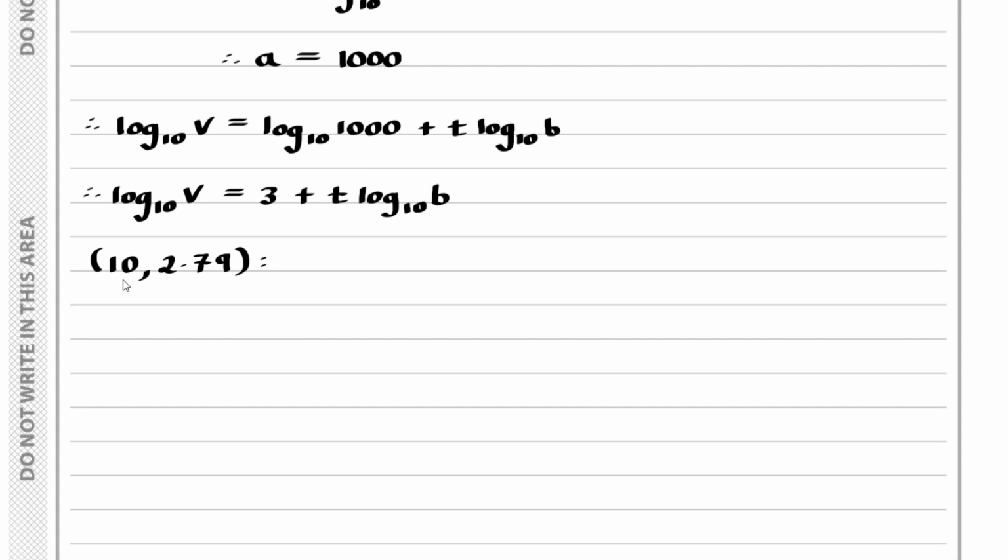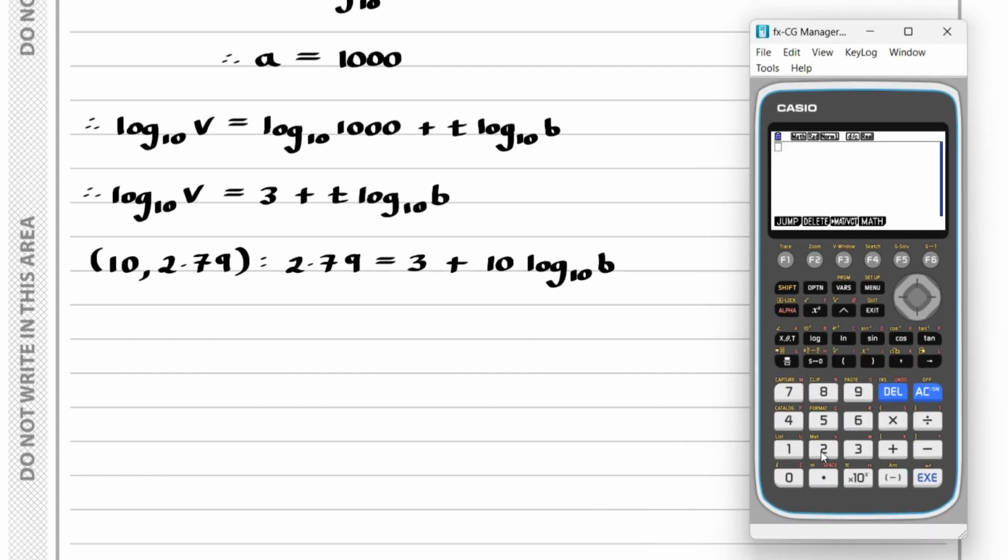We also have this other point on the line, 10, 2.79. And if we substitute this t coordinate of 10 and this log base 10 of v coordinate of 2.79 into this equation, we have 2.79 equals 3 plus 10 multiplied by log base 10 of b. So what we need to do is find out what b is. So we have 2.79 subtract 3 divided by 10.